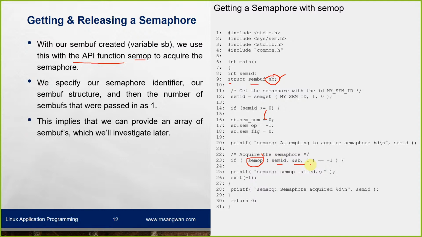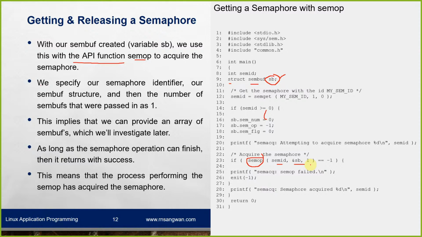This implies that we can provide an array of semaphore buffers, which we will investigate later in the same session coming up. As long as the semaphore operation can finish, it returns with success. This means that the process performing the semaphore operation has acquired the semaphore. The way I try to explain the concept, compare it with a lock, so it has acquired it.